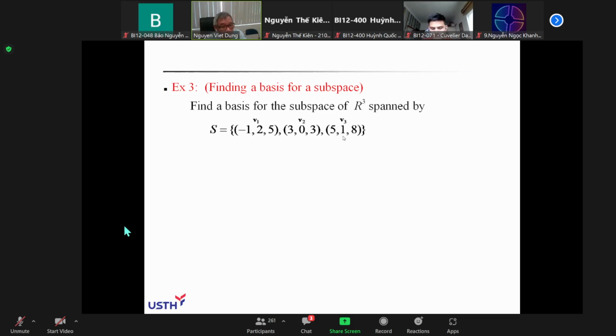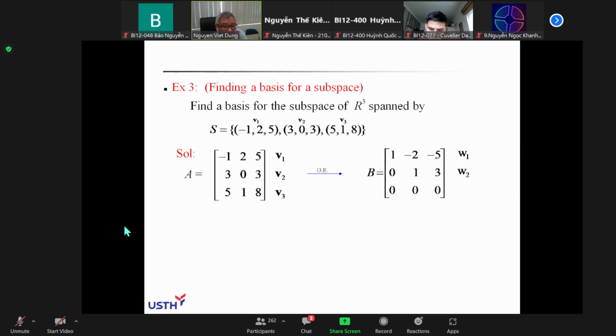Now we know already that span S is a subspace of R3, and we need to find the basis for that subspace. How can we do it? We write A to be a matrix like that. The first row is V1, the second row is V2, and the last row is V3.